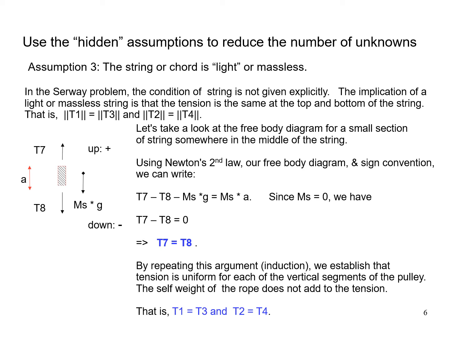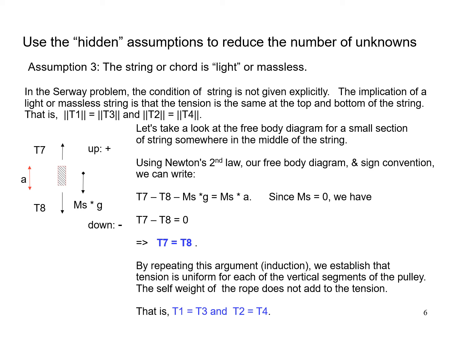Now, plugging all our force data into Newton's second law, we have T7 minus T8 minus m_s times g equals positive m_s times a. Now, when m_s equals 0, two terms drop out, and we find that T7 equals T8. That is, the tension is the same at the top and bottom of the string. In fact, the tension is the same throughout the string.